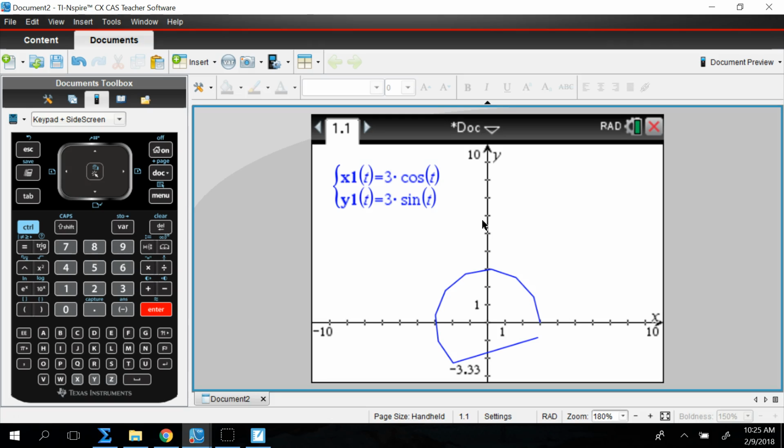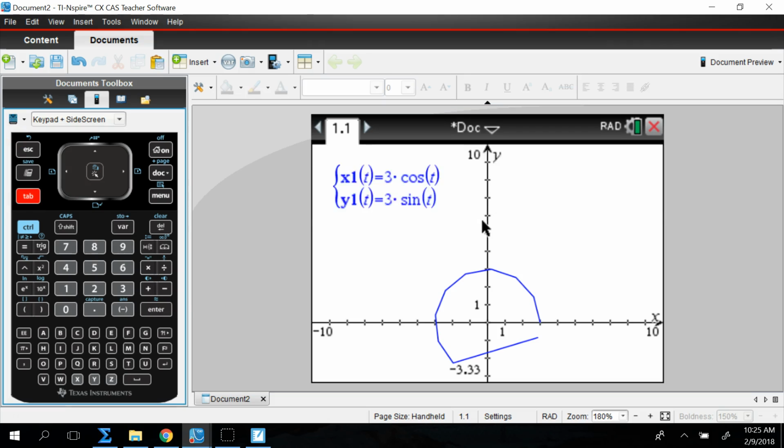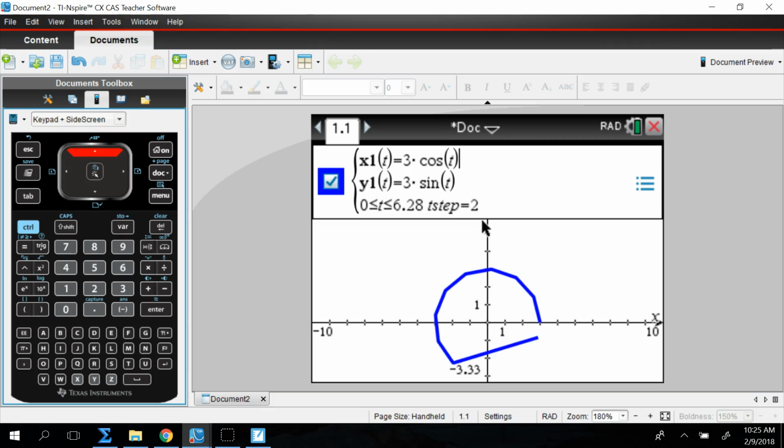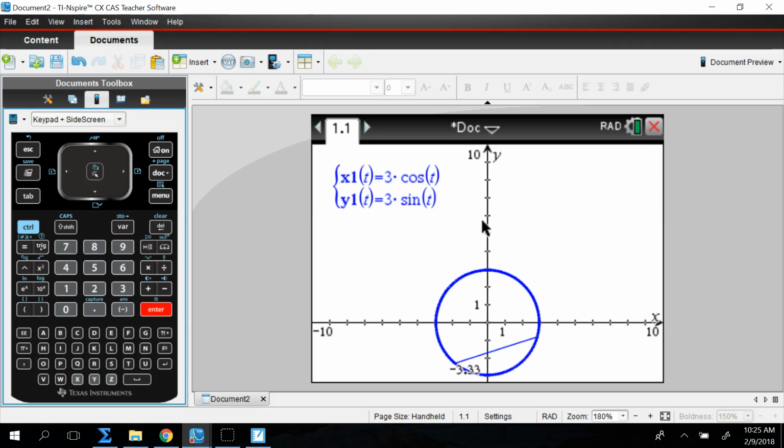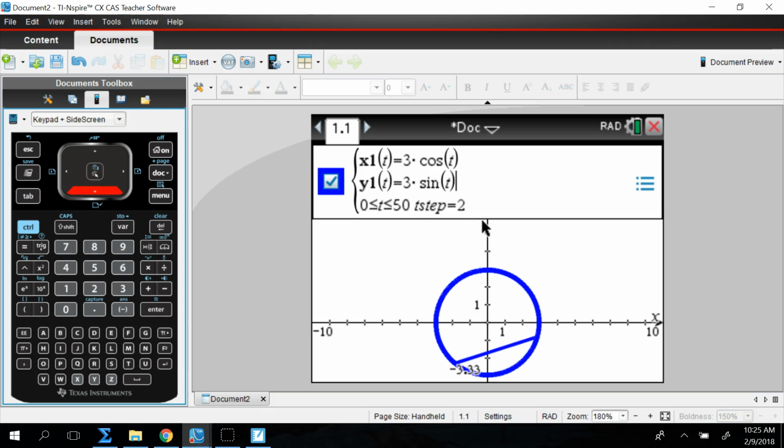Now, some of you might have gotten some funky stuff if we would do both. Let's move this back up here to 50, and let's go with a bigger t-step.